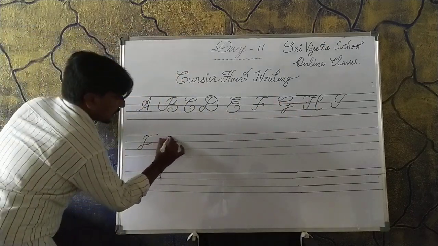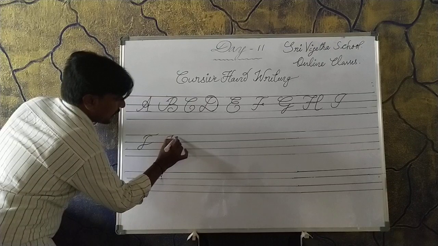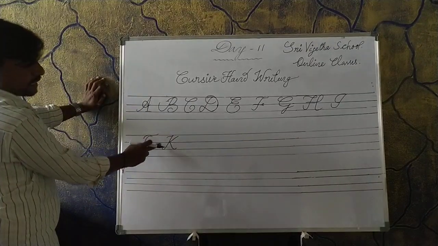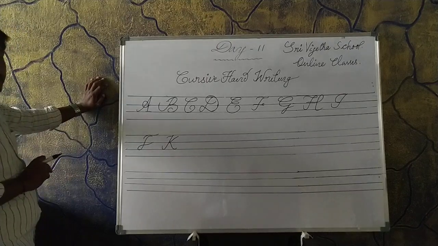The next letter is K. We make the letter K between three lines: first, second, and third. Three lines.